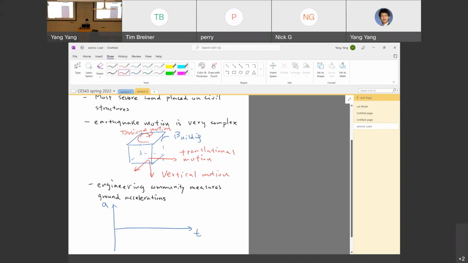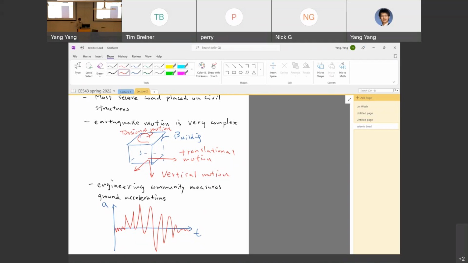Typically, at the beginning of the earthquake, the acceleration is very small, and then this is a typical earthquake wave. It will reach its peak acceleration and it will also decrease to zero at the end.